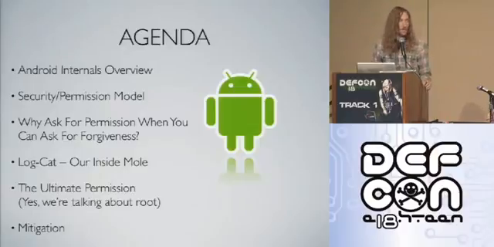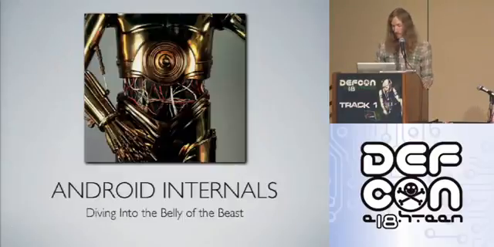At that point, we'll talk about some of the fun things that we can do with permissions and without permissions, and then talk about how we can use the system logging to leverage a lot of stuff as well. And then we're going to talk a little bit about rooting Android phones and some of the fun things with that, and then of course mitigation and what we can do to approach these problems.